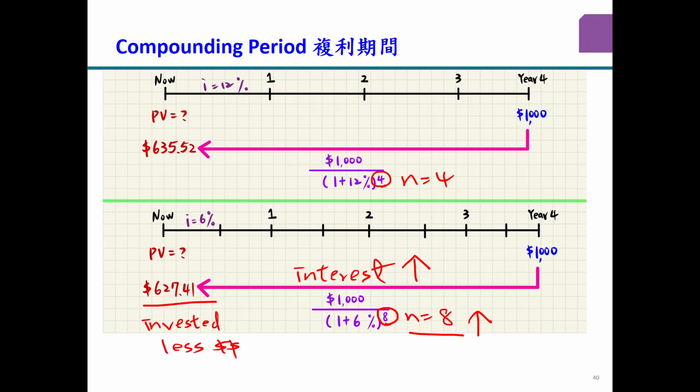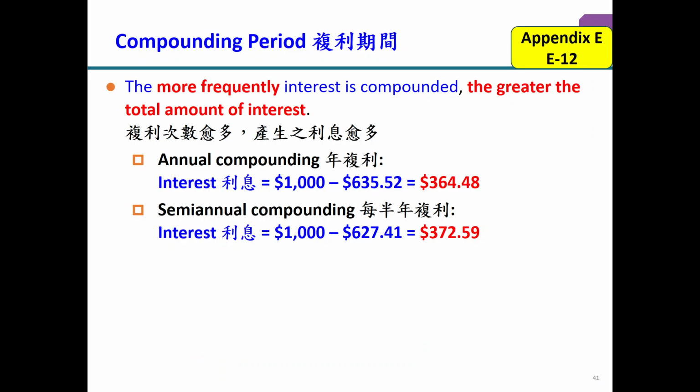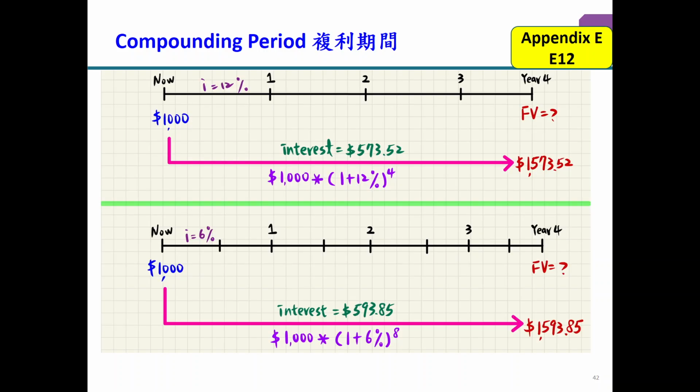No problem? Based on this concept, what if we invested same amount of money at the beginning? But remember, when you invested same amount of money at the beginning, but when n is more, means what? Interest is more. So in the end, you can get more money back.